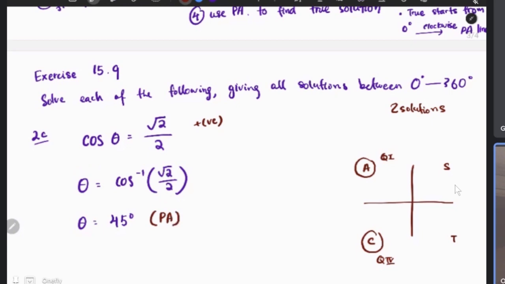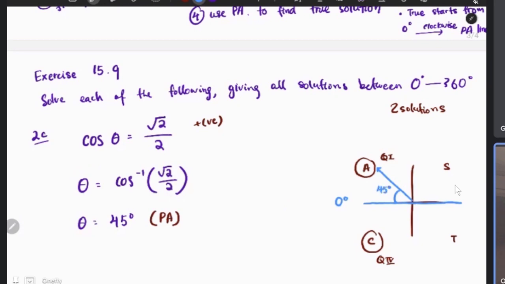Starting from the principal angle, on the ASTC diagram, we are going to find the true solutions to this problem. And how are we going to do that? We are going to start from the horizontal line, 0 degrees here. We're going to move 45 degrees clockwise, because 45 degrees is our principal angle.